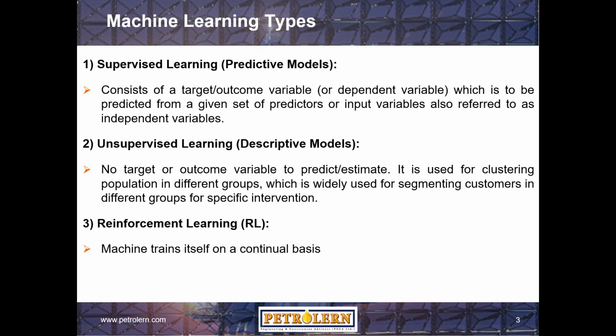Now, when people say unsupervised, they're referring to the fact that there is no target or output variable to predict or estimate. In supervised learning, you're training a model based on your inputs and your outputs. But in unsupervised, you have no target class. So you have, let's just say, a set of data, and you just want to cluster your data.